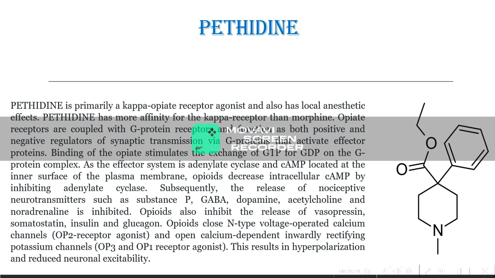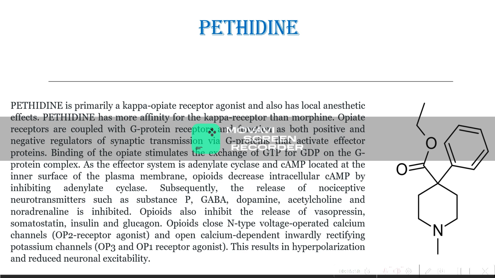Subsequently, the release of neurotransmitters such as substance P, GABA, dopamine, acetylcholine, and noradrenaline is inhibited. Opiates also inhibit the release of vasopressin, somatostatin, insulin, glucagon, and other hormones.